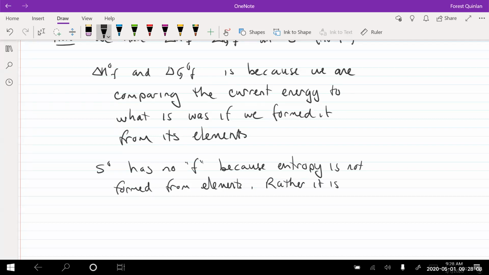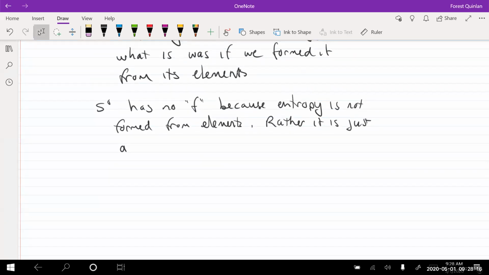Rather, it is just a measure of the order of the system. Whether it's an element or not doesn't matter. It's saying, do I have places to move, places to go, things to do, or not?